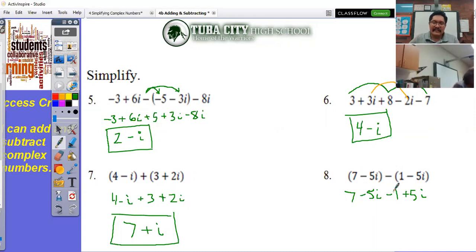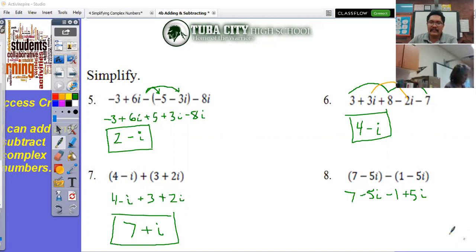Now, this one also has something a little different. If you remember from yesterday's lesson, I said sometimes real numbers can become imaginary, and imaginaries can become real. So a complex number, like in our case right here, becomes a real number.